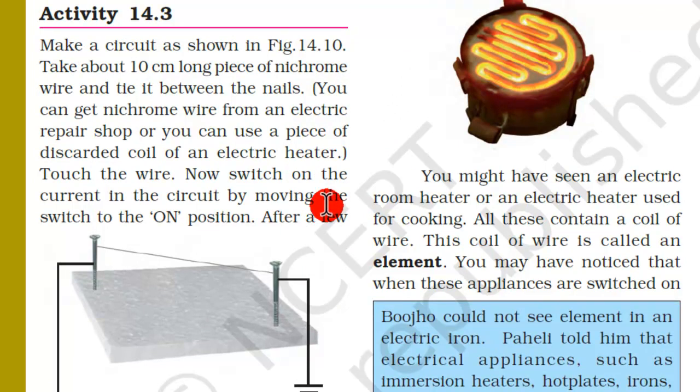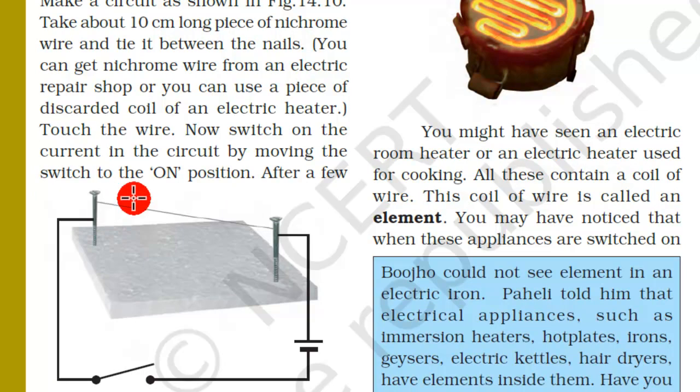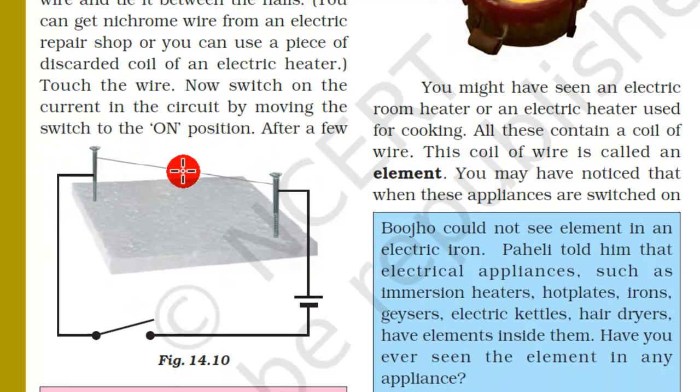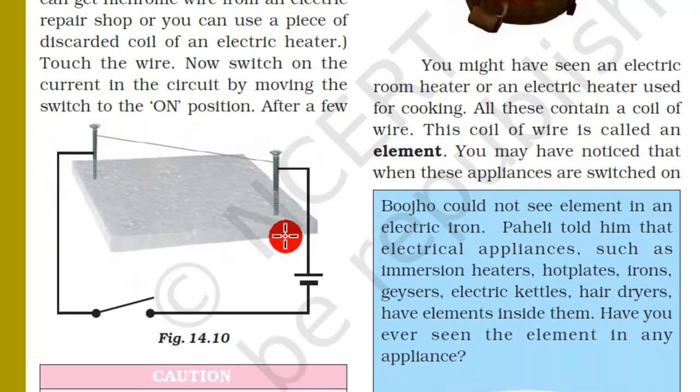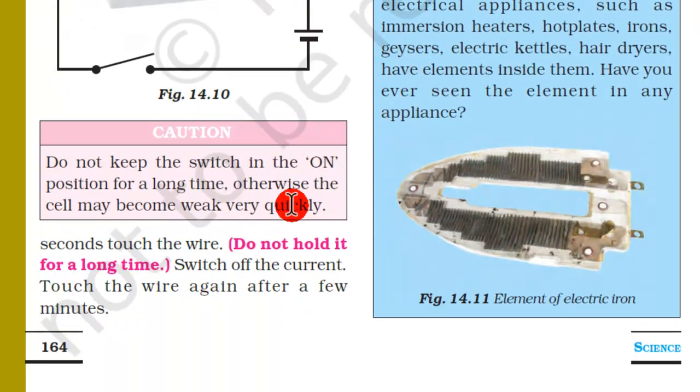For this activity, we will take a nichrome wire in some part of the circuit, and the switch and the battery or the cell. When the switch is in on position, the nichrome wire will become hot. This becoming hot of the nichrome wire is due to the heating effect of electric current.